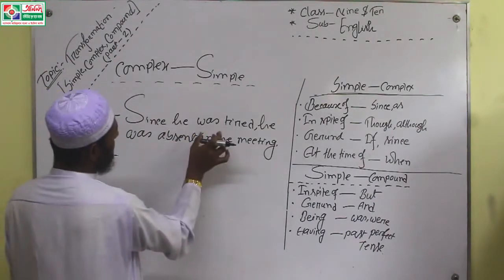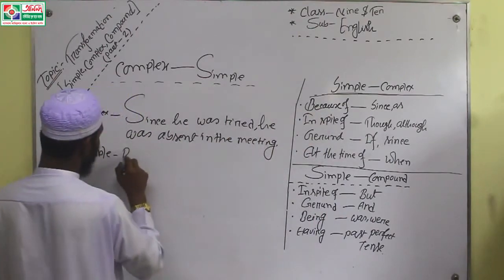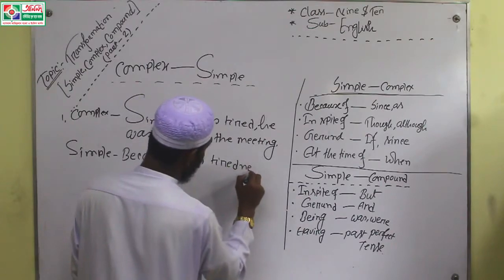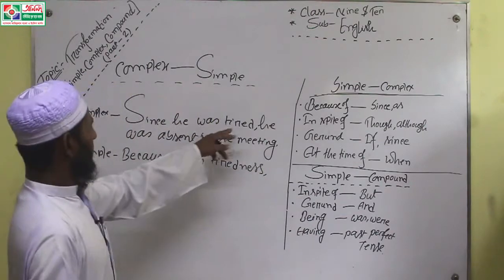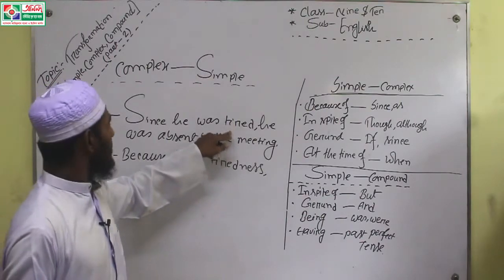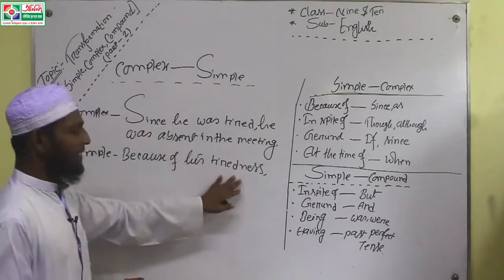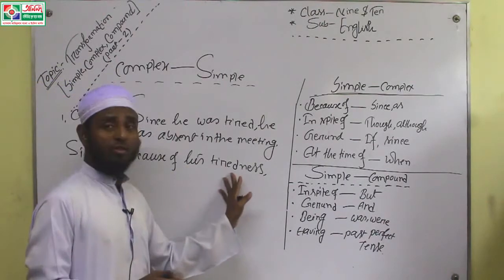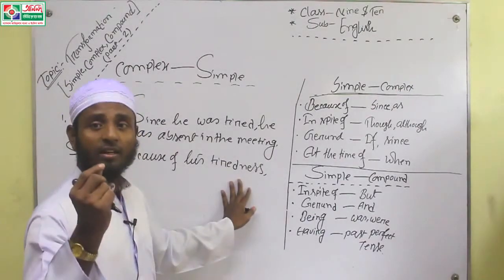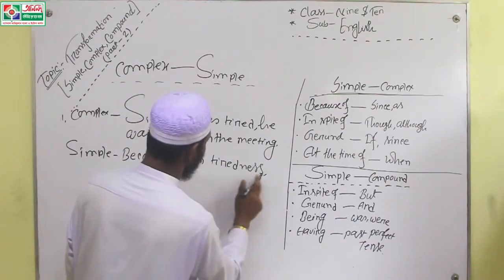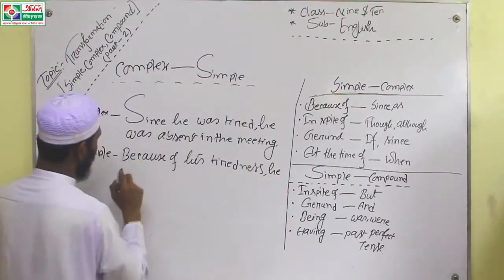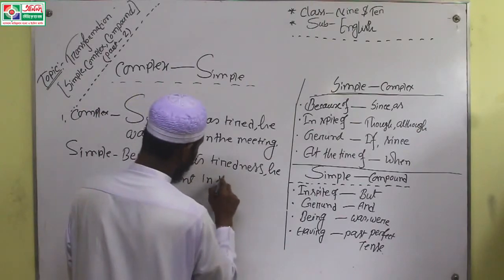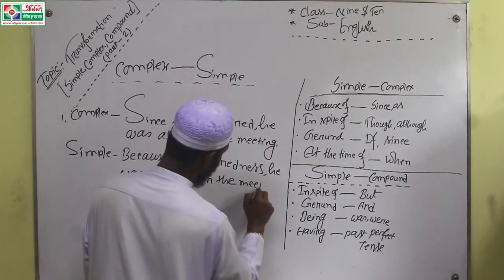That means since, because of his tiredness. Note it, tired is an adjective because it is a complex sentence, and this is tiredness, it's a noun. So in a simple sentence you can use tiredness because tiredness is a noun. Okay, because of his tiredness, he was absent in the meeting.